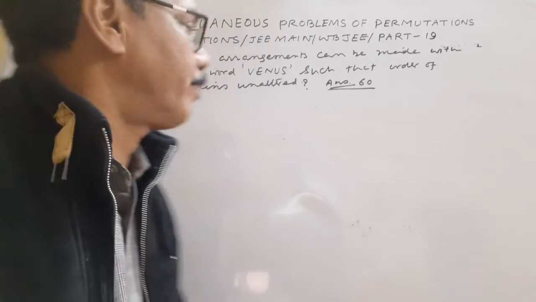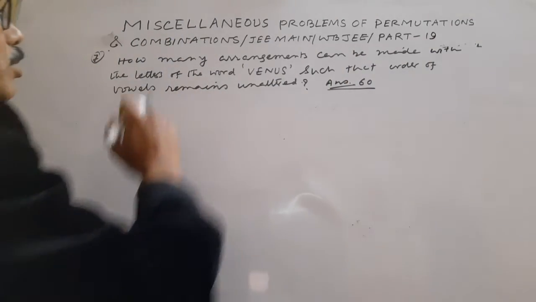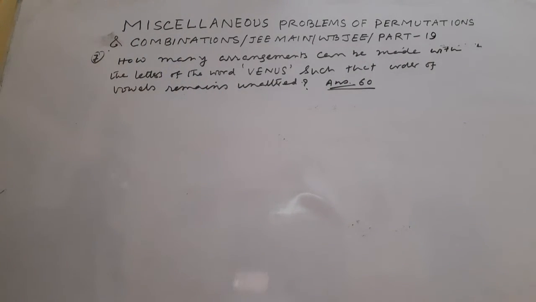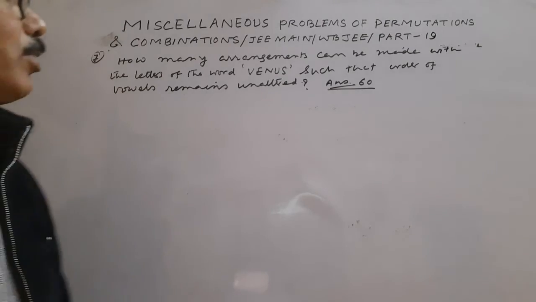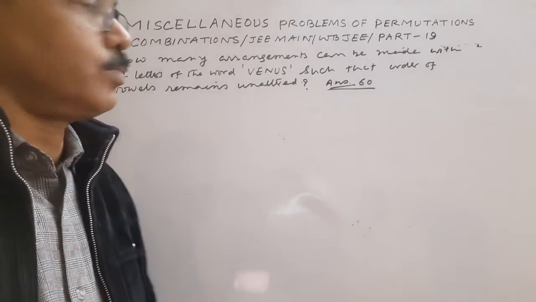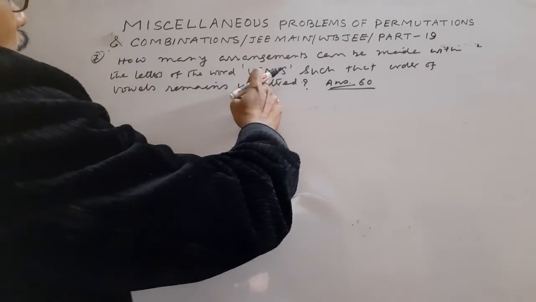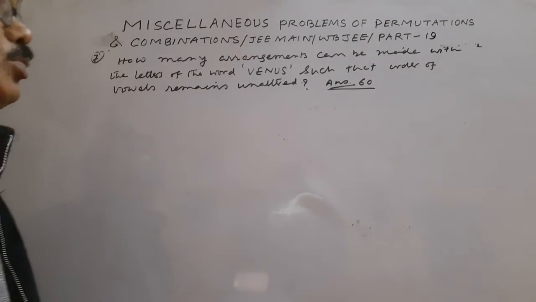Now finally, how many arrangements can be made with the letters of the word Venus such that the order of vowels remains unaltered? Arrangements can be made with the letters of the word. All the letters are to be used.